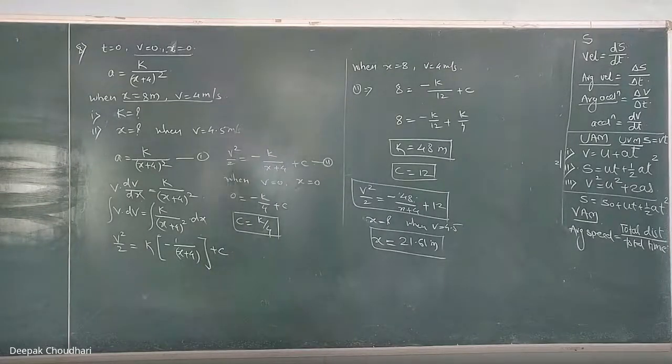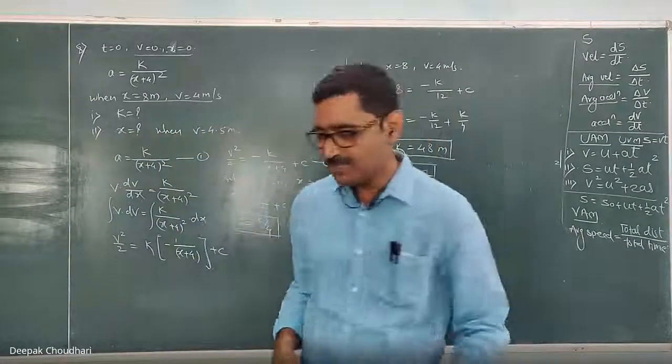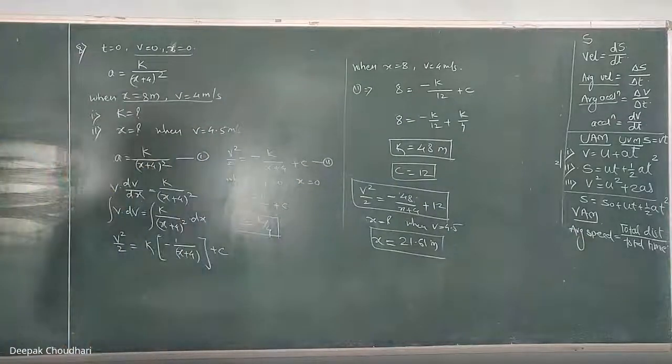Then the third part of rectilinear motion is motion under gravity. Yesterday on your Google Classroom, I uploaded the syllabus also. Did you see it? I have also created the space for the assignment. Today is the last date.